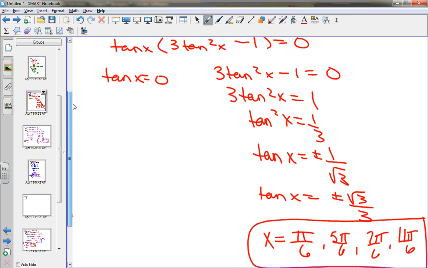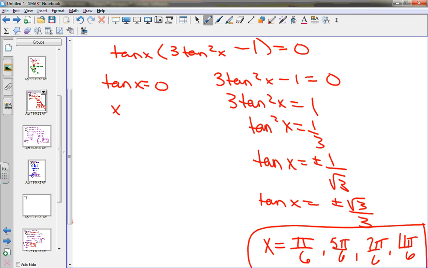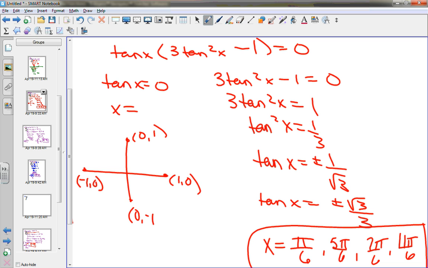However, we never finished this one over here. So what has a tangent of 0? Well, if you're on our lovely little unit circle, we have the point 1, 0, we have the point negative 1, 0, 0, 1, and then 0, negative 1. Tangent is what? Sine over cosine. So that's my y value over my x value.